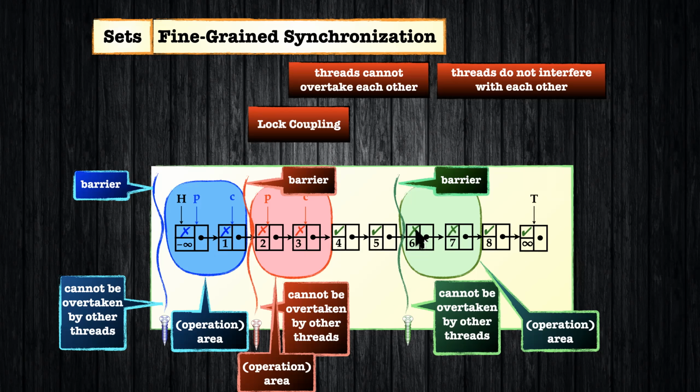Now, the philosophy of this algorithm is that the probability that several threads operate on the same cell is quite small. So typically, if you have a set with thousands and thousands of elements and you have thousands of threads, then the probability that 2 threads will be operating on the same cell is quite small.